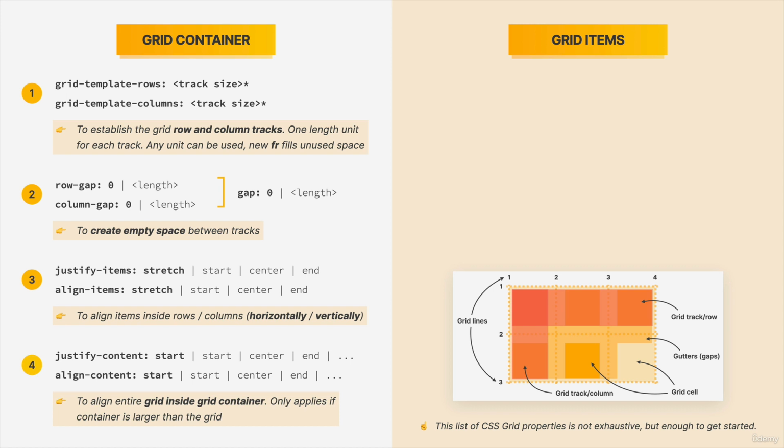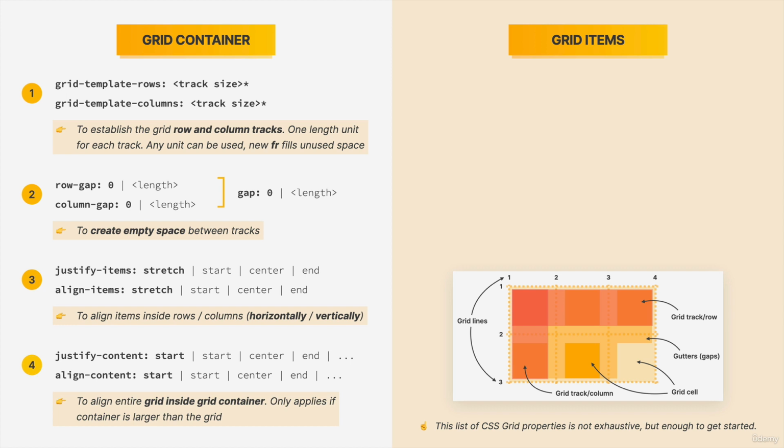And by the way, this overview of the CSS Grid properties does not contain all of them. There is actually a huge amount of CSS Grid properties, but we will not talk about all of them here in this course, because that would just be too confusing for beginners. This course should be comfortable for you as a CSS beginner, and therefore we are not going to overcomplicate things too much.